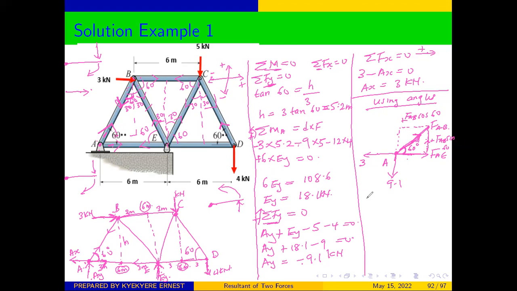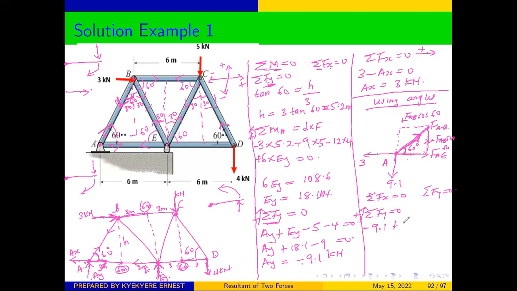From there, we can use our equilibrium equations to get the unknowns. Sum of x is equal to 0 and sum of y is equal to 0. Let's use sum of y equal to 0 first. Moving up is positive. The 9.1 is coming down, therefore negative 9.1, and then we have the y component of this force, FAB sine 60.